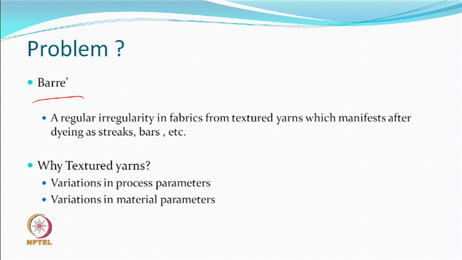Then this material that we are using is a material which has been drawn before. So, if someone has made some difference in the drawing conditions, that also will get added up. So, you have a material which you always thought is a fully drawn yarn, it has the same property, the same denier, the same number of filaments, looks the same, but the morphology may not be the same.